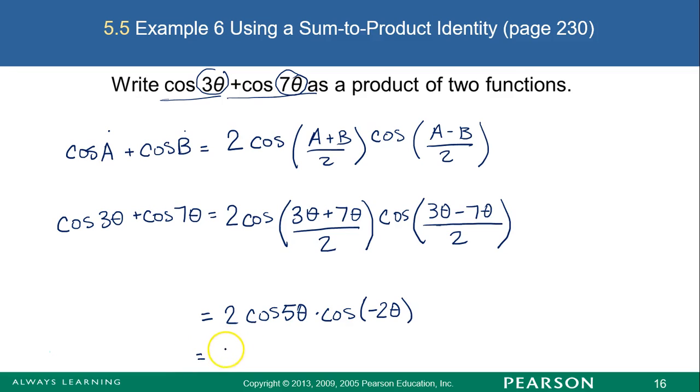So to rewrite this a little bit further condensed or reduced, it's 2 cosine of 5 theta times cosine of 2 theta. And we are done. And we're done with this example, and we are actually, yep, we're done with this whole lesson.